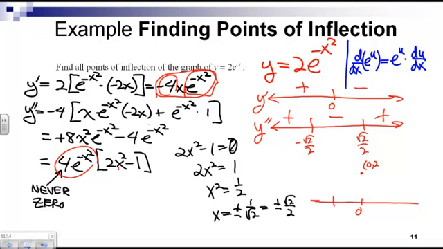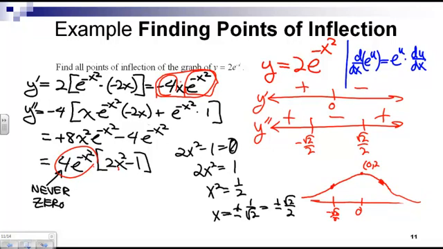And then here at negative root 2 over 2, there's an inflection point. It goes concave up, concave down, concave down, concave up. Now these concavities are pretty shallow, but you can see that there's a change in the concavity of the graph.